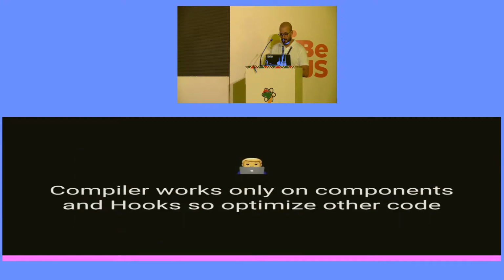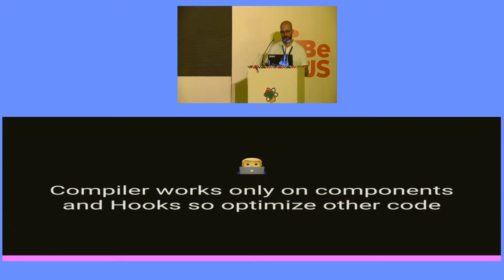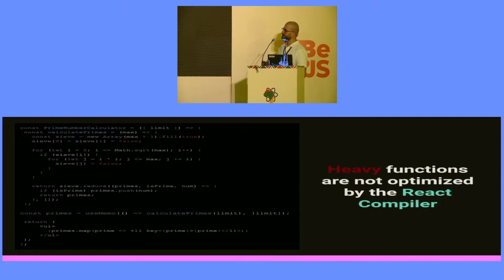Another thing that you need to pay attention to, the compiler works only with components and hooks. So if you have any code that is heavily using different algorithms that have some high complexity, React Compiler wouldn't fix it for you. It's fixing only the declarative world. So as an example, look at this one. It's just a small thing calculating primes.